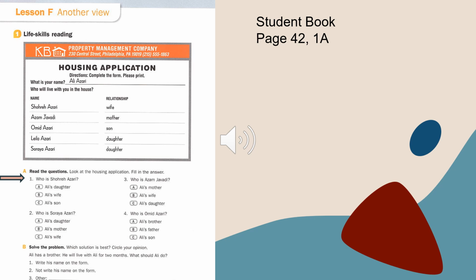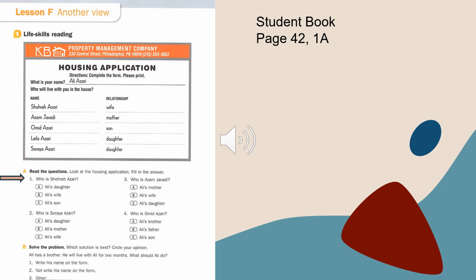Then you answer number 2. Look up there and see who is Soraya. Who is Soraya Azari? Is she Ali's daughter, Ali's mother, Ali's wife? Circle the correct answer. 3. Who is Azam Jawadi?